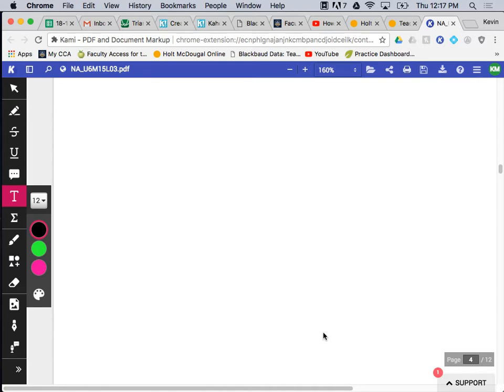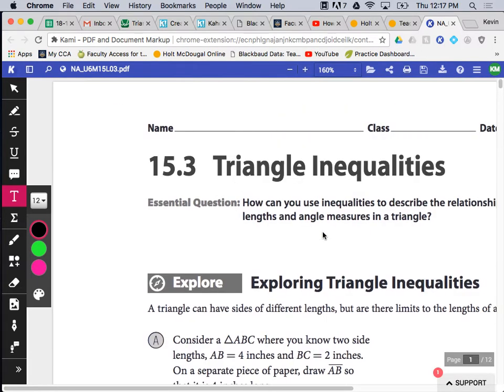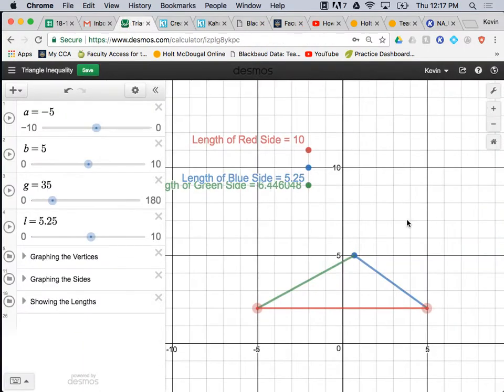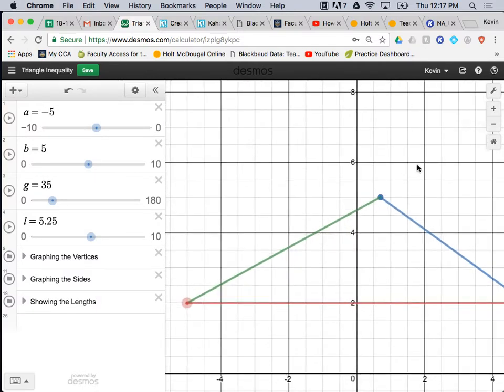I'm going to seek to do my best in presenting this part of the lesson. 15.3, triangle inequalities. Now, let's say I've got this triangle here.